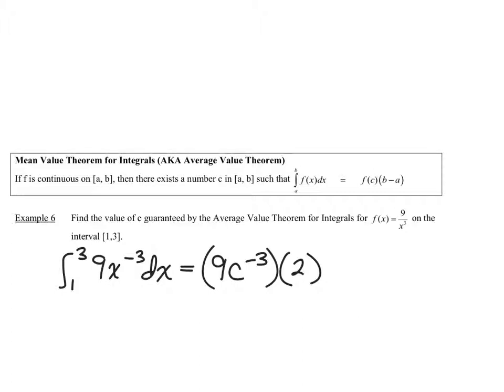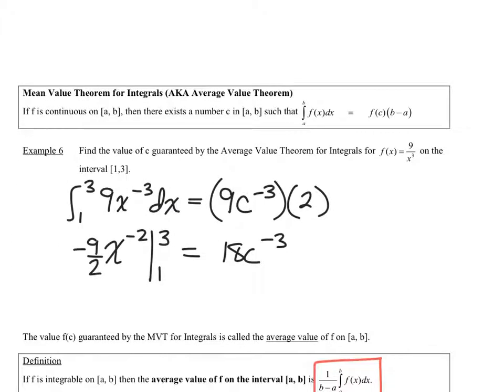So I just have to find the antiderivative over the interval. So x to the negative second, so that's going to be negative 9/2, and on the other side, 18 c to the negative third. Gonna do a little subbing. Plug in the 3, and then the 1.